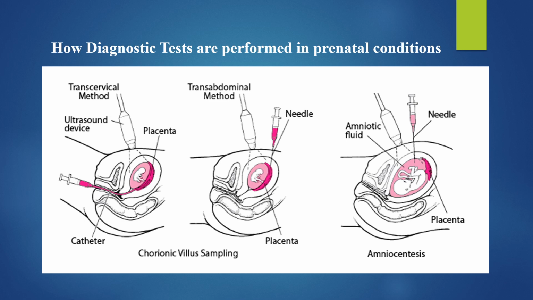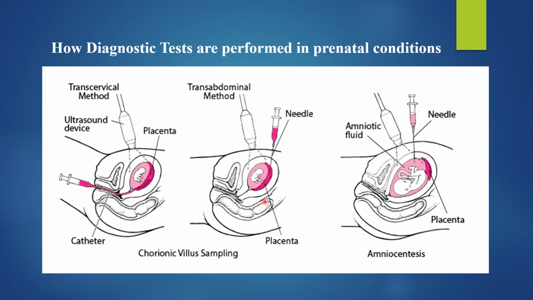Now, for the chorionic villus sampling, you realize that the sample can either be taken trans-cervical. So you go through the cervix and then with your syringe with a tubing, you pick the chorionic fluid. So that one is trans-cervical or transvaginal.